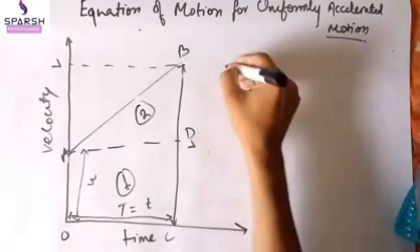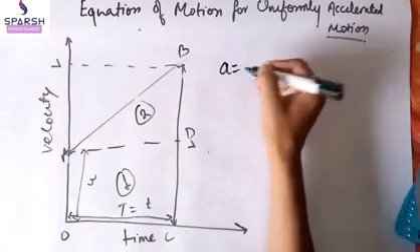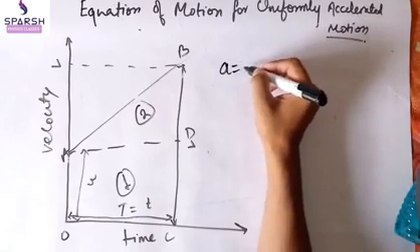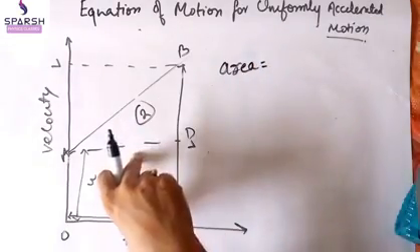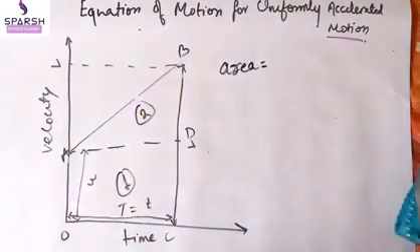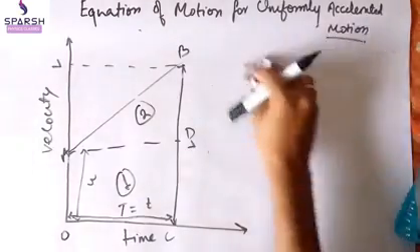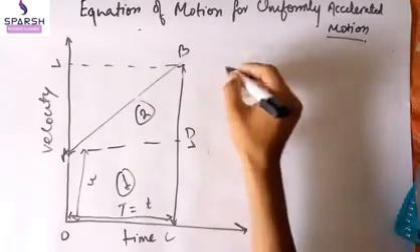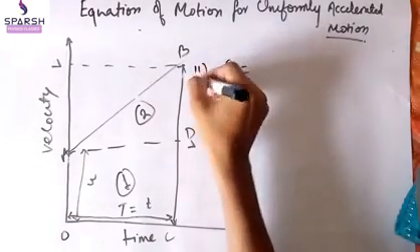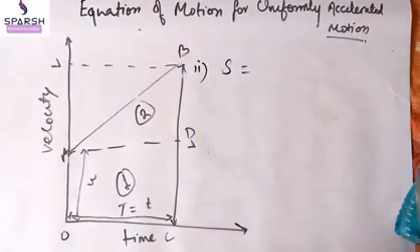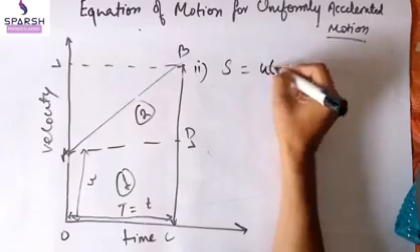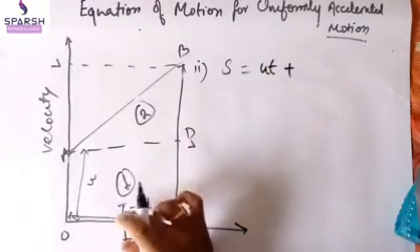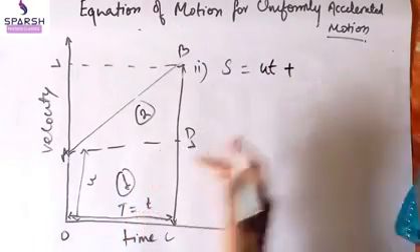So the area will be the sum of the area of this rectangle and this triangle, and the area of a velocity time graph gives distance covered or displacement. The area of this rectangle will be u into t, length into breadth, and for this triangle, half base into height.